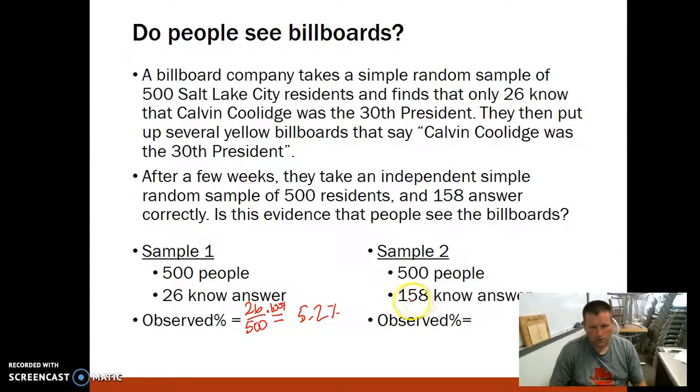And then the second sample, after the billboards, is 158 out of 500. Times by 100, and when we do that, we're going to get 31.6%. So you can see there's a difference, and that's what we're looking at. We want to know, did it make a difference, or was it just due to chance?